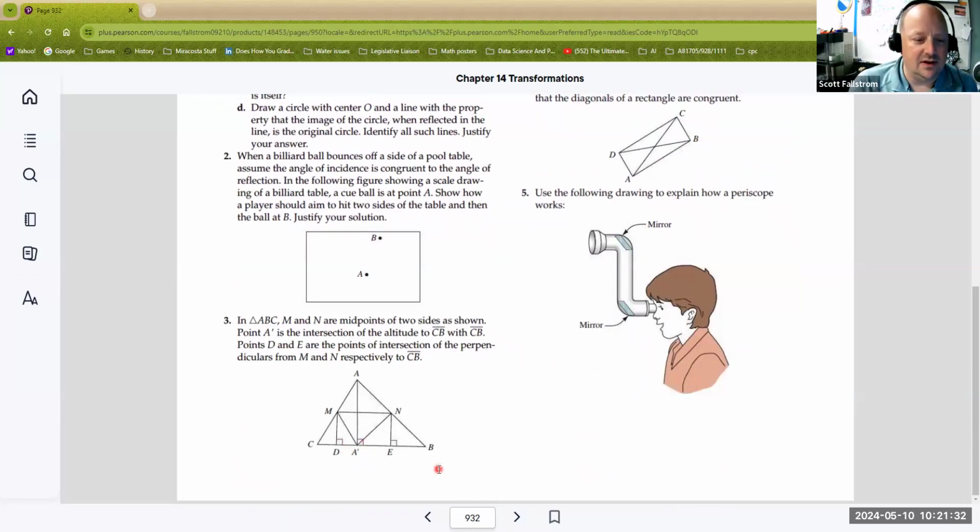And hopefully you can kind of see the big idea of something like this. This actually goes back, where was this? I think this was chapter 11, but I think we also saw it again in chapter 12. The idea that this angle up top flipped over, so it becomes this angle down here. And the angle to the left, right there, becomes this angle right here through a reflection, through paper folding, if you will.